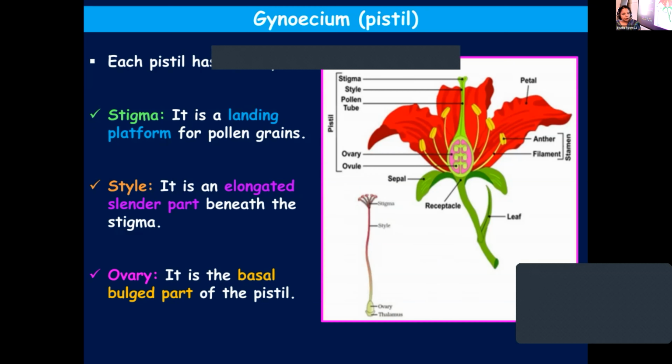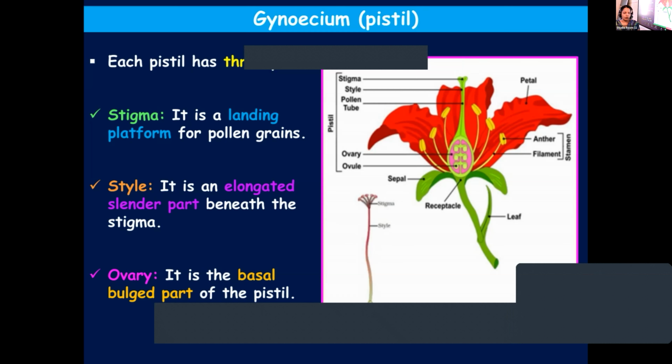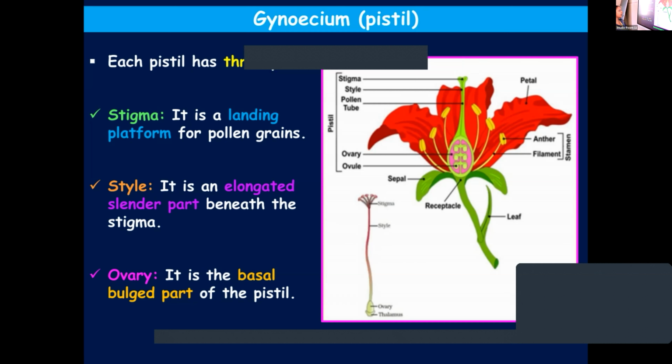Then it is continued as a slender, elongated part, you call it style. And at the basal region, you can find a swollen portion, known as ovary. We learn the details in the next period. Hope you have understood. Gynoecium consists of pistils. Each pistil has three main parts: stigma, style, and ovary.